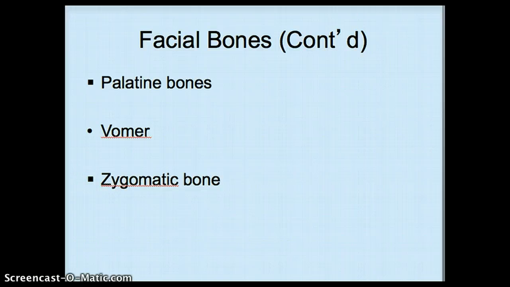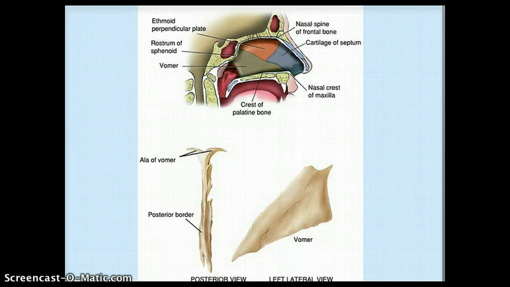And the zygomatic bone forms the cheekbone. So here you can see a picture of the vomer bone here in the nasal cavity. You can see the cartilage of the nasal septum here, the crest of the palatine bone here. This is just another view of the vomer bone, a left lateral view if you took it out.